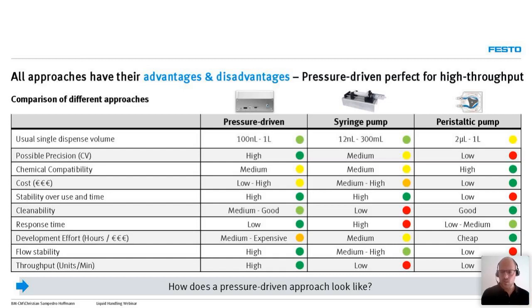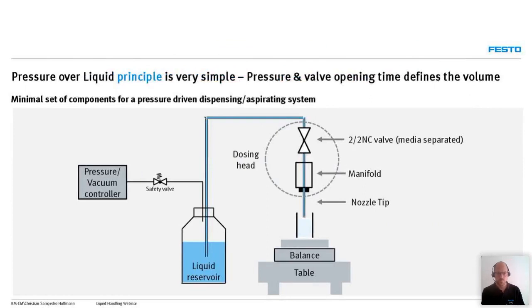But let's go more into detail and have a look at how it looks. How does a pressure-driven dispensing approach, or the pressure over liquid approach, work? The principle is very easy. You have 2, 3 main components. You have the liquid reservoir where your liquid is in. You have a dosing head with a tube in between, and you put some pressure into the liquid reservoir.